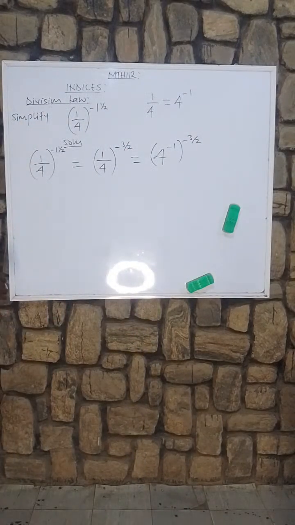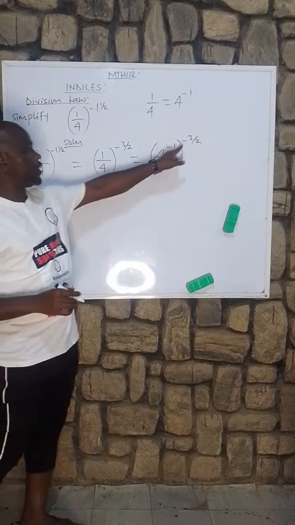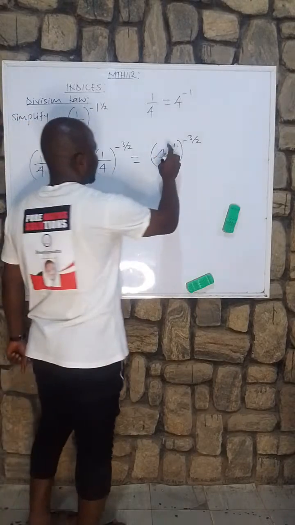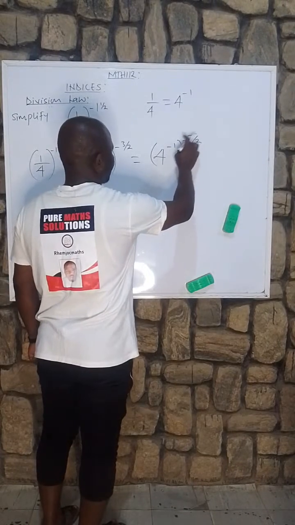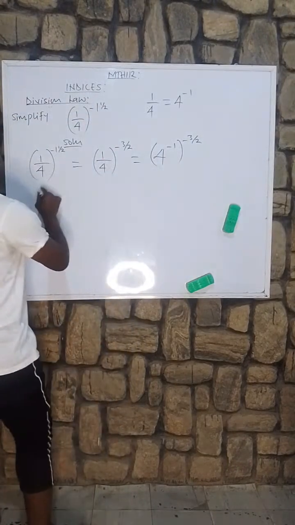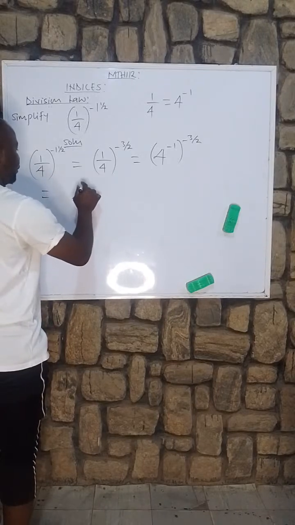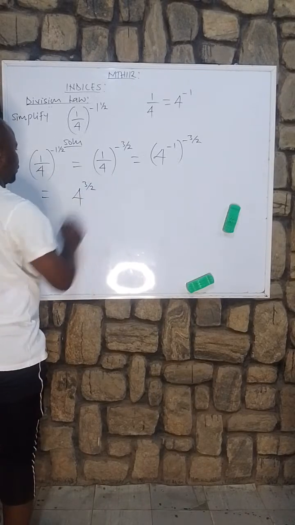So use this to multiply: minus 1 times minus 3 all over 2. You are going to have 4 raised to the power of plus 3 all over 2.